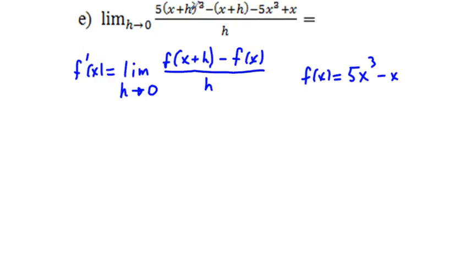If we look at the left side here, 5 quantity x plus h cubed minus quantity x plus h, this is going to be our f of x right here. So therefore, f prime of x, which is our limit as h approaches 0 of all this, is going to be 15x squared minus 1. So that's our correct answer for E.